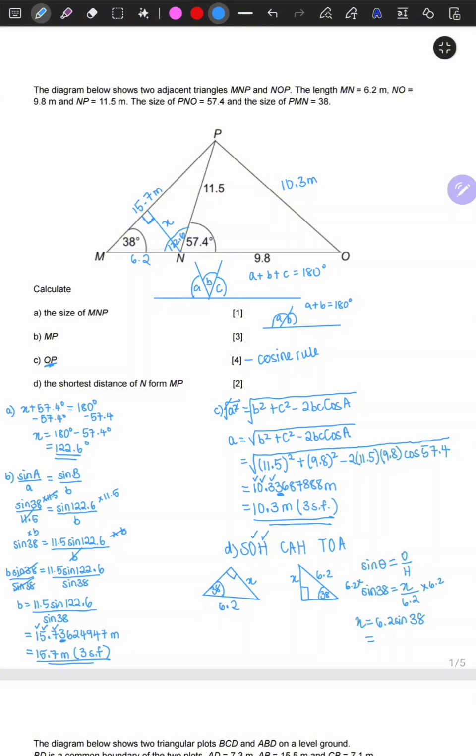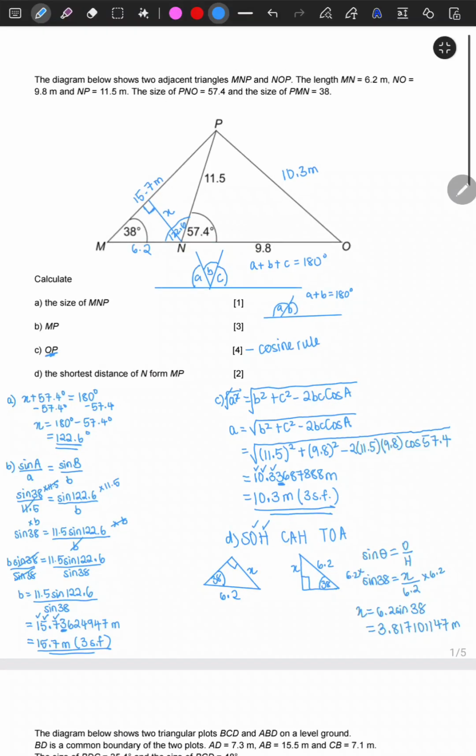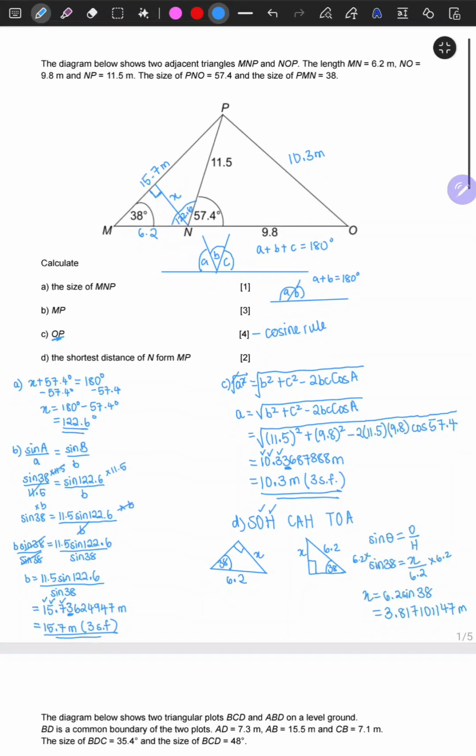6.2 sine 38 is going to give us 3.817 blah blah blah. 3.817101147 meters. So remember, 3 significant figures always. So let's count them together.